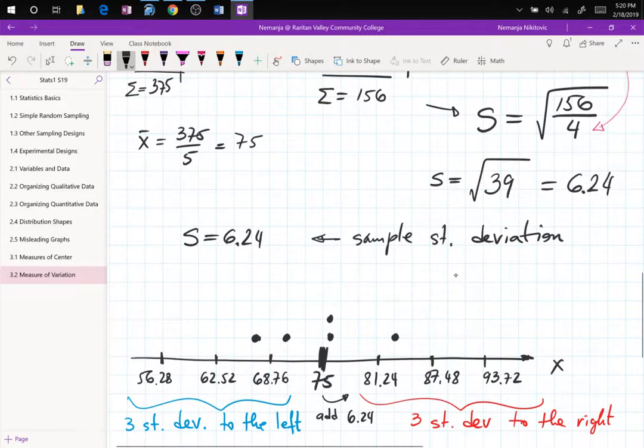And then I'll draw light barriers for 1, 2, 3 standard deviations to the left and to the right. So you can see that there are 2 standard deviations over here to the left, at 2 players, and 2 standard deviations to the right.